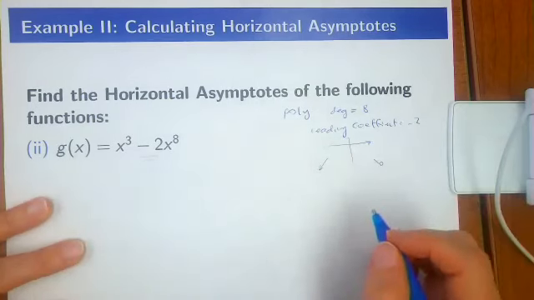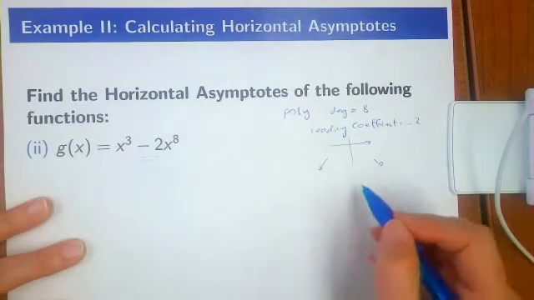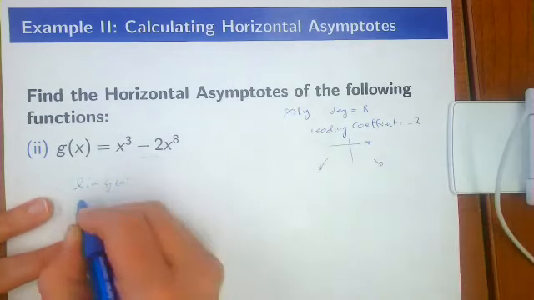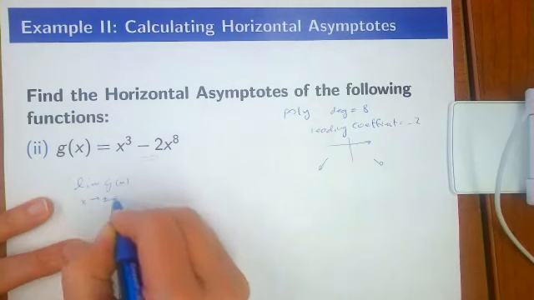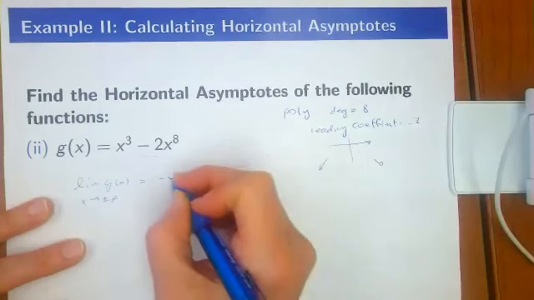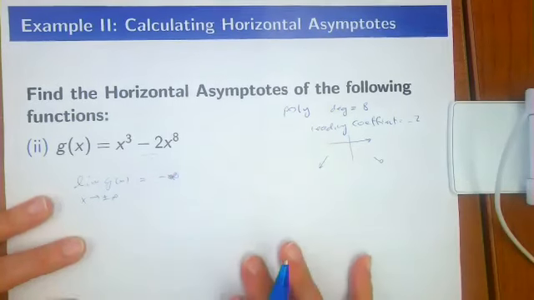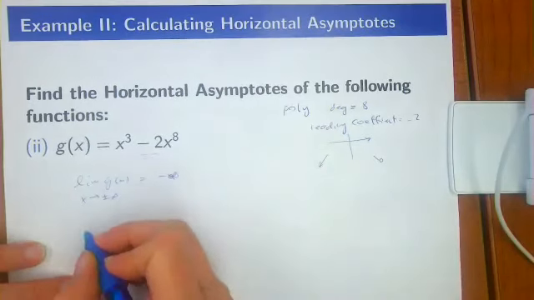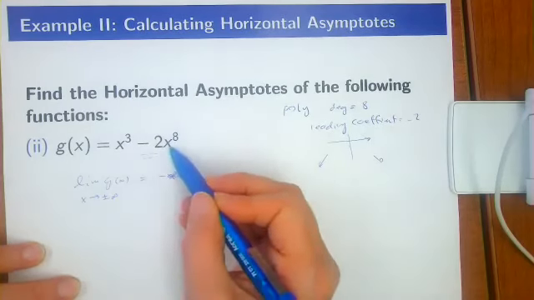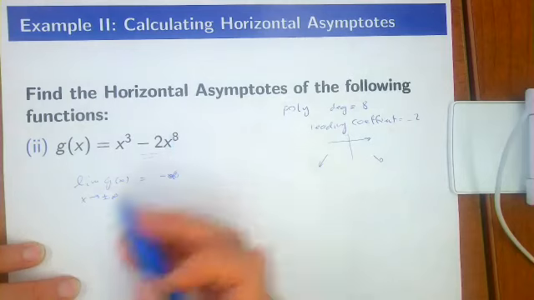And so I can either use that and say the limit of g of x as x goes to plus or minus infinity is equal to -infinity. Or I can use the new knowledge that I have, and the new knowledge tells me that I can basically factor out x to the highest power.